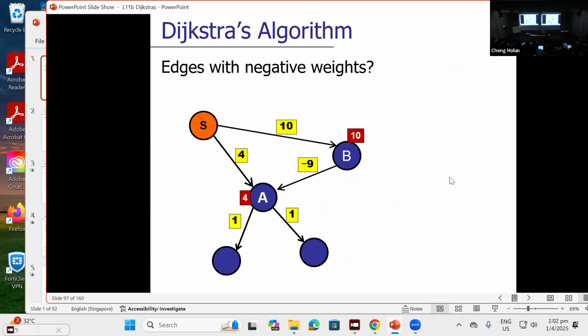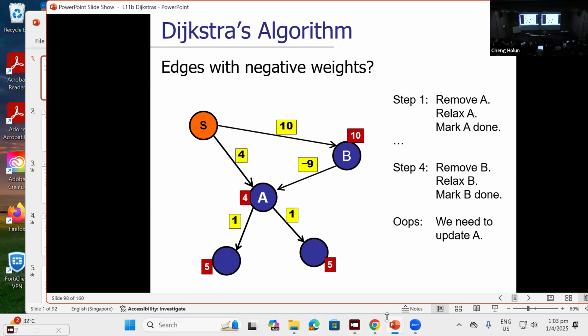Yeah, but what if we really have some negative edge? If I run Dijkstra, for example, let me relax 4 and 10. I will make A is 4 and B is 10. And the next edge I will relax to 5 and 5. But wait a minute, because A is already dequeued, the real shortest distance from S to A should be here.